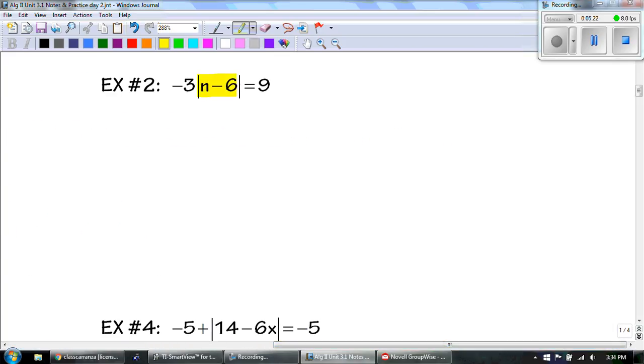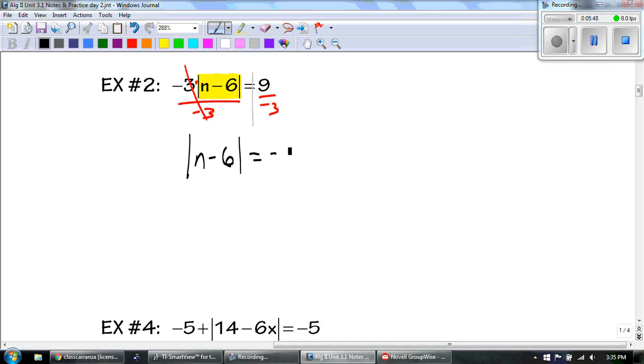So here's my absolute value. And don't try to distribute that in there. No, no, no. I need to get rid of that first. So I'm going to divide both sides by -3. So I'm left with the absolute value of n minus 6 equals 9 divided by -3.